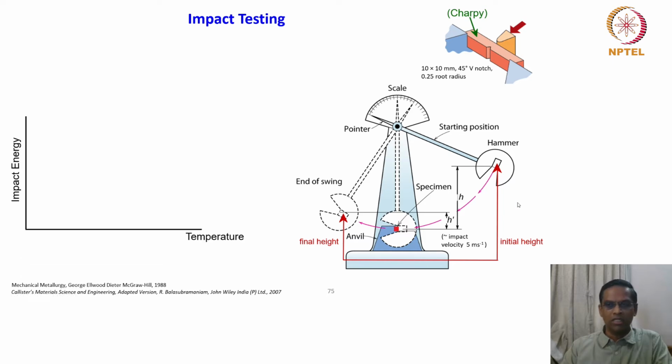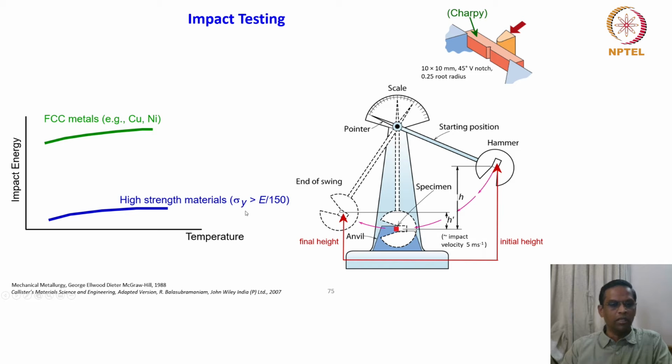And what is it that you get? So you just look at the result. What you get out of this test is impact energy versus temperature. So at various temperatures, these experiments are carried out, and then the plot will look like this for FCC metals like copper and nickel.